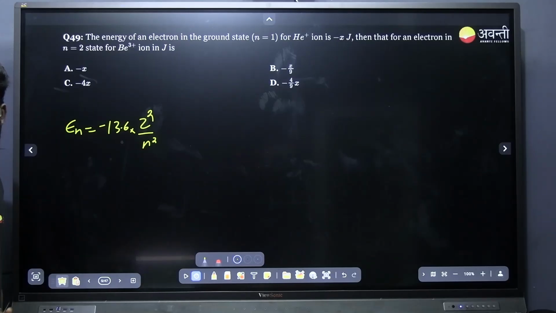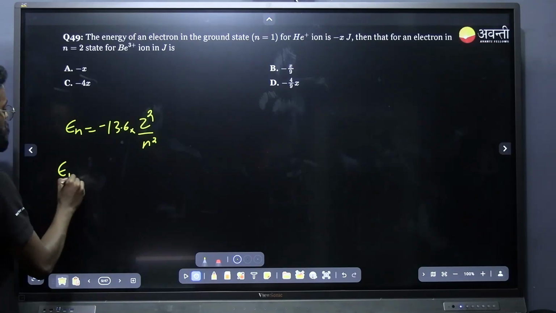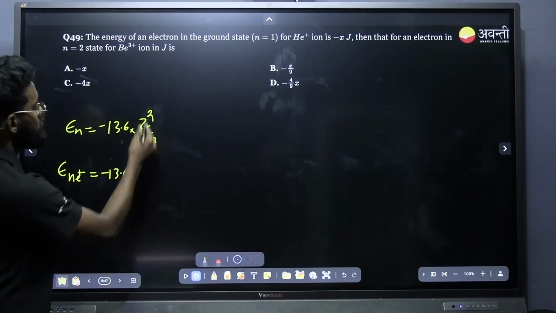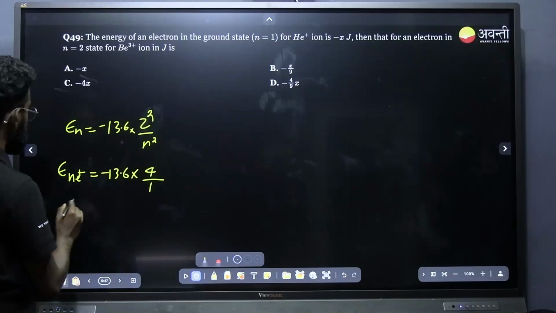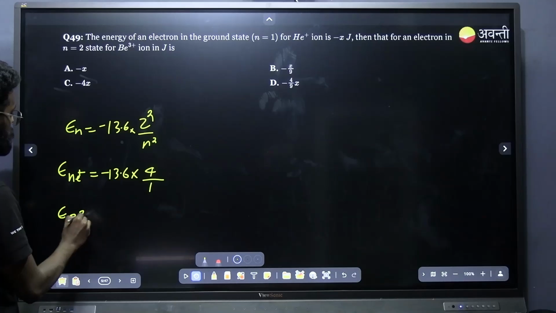We did the same question in the last exam, I guess. For He plus, what is it? Minus 13.6 into Z value, which is 2, so 4, divided by n value, which is 1. And for beryllium 3 plus, what is it?